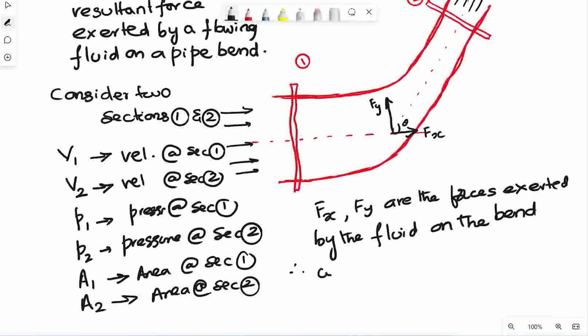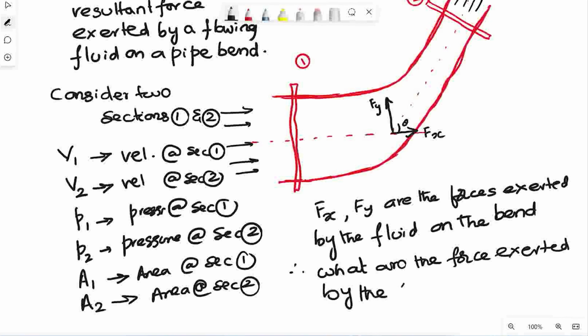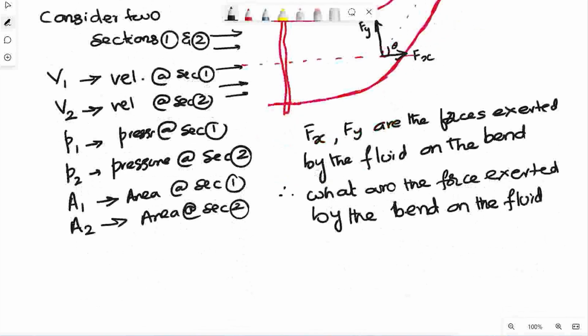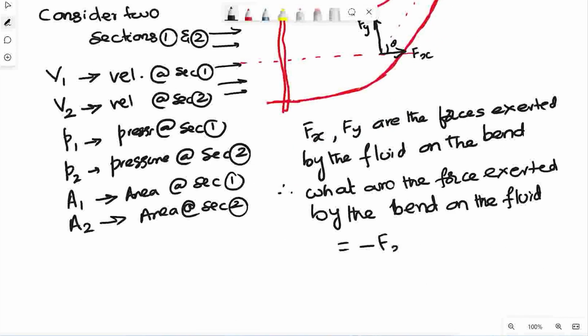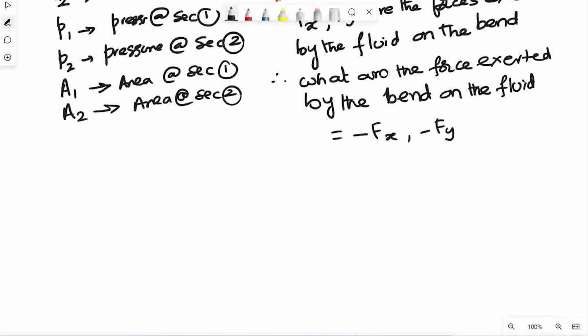Therefore, what are the forces exerted by the bend on the fluid? Naturally, it will be minus Fx and minus Fy in x and y directions. Now knowing this, apart from the force on the bend, the other forces are only the pressure forces.